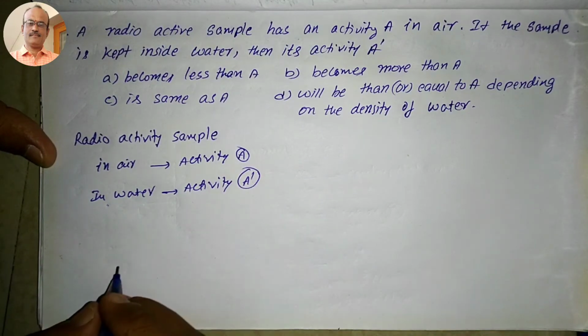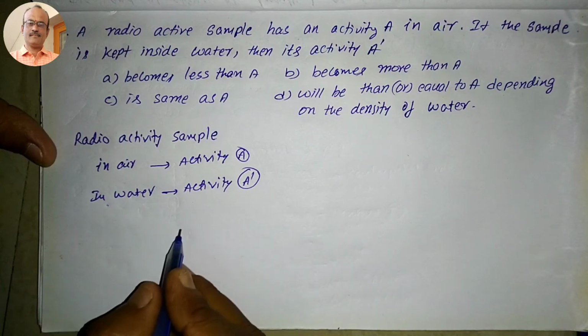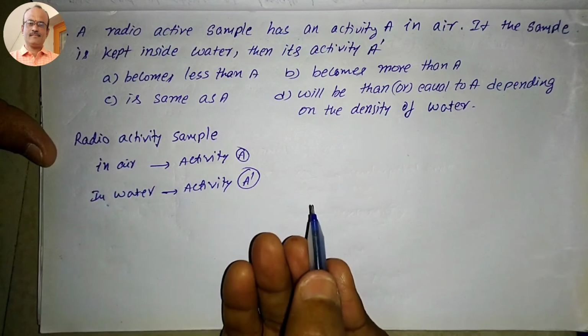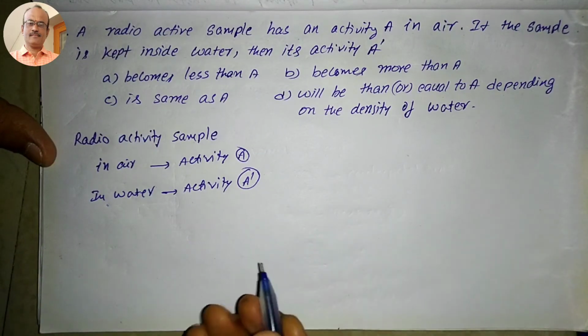But what happens here? A: A dash becomes less than A, B: becomes more than A, C: same as A, D: will be less than or equal to A depending on density of water.